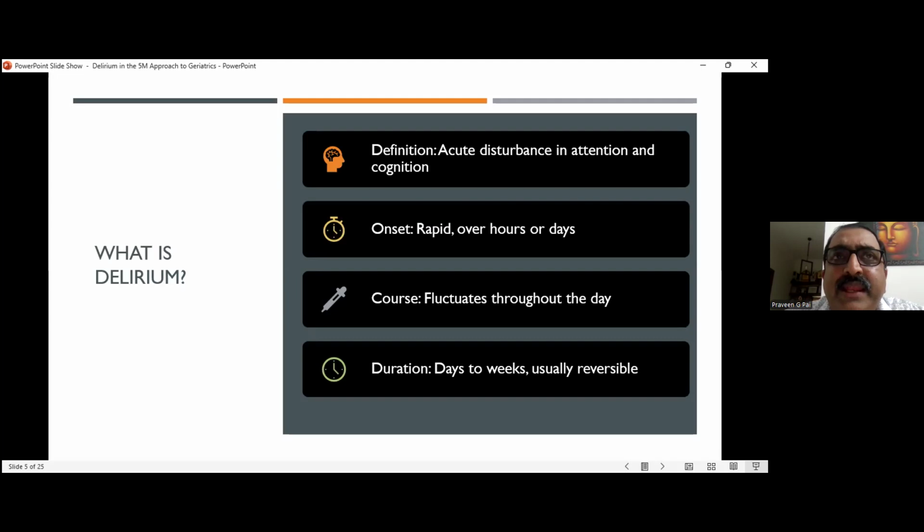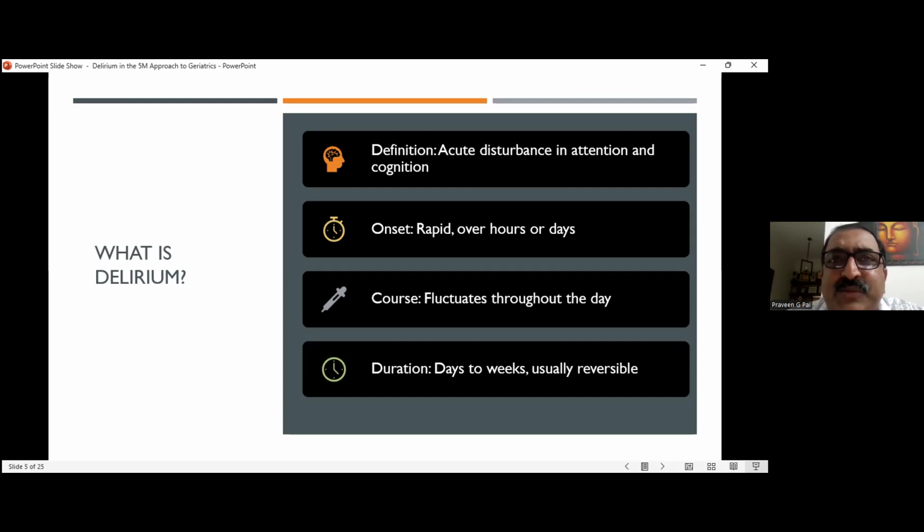But during the terminal stage of life, delirium usually follows naturally. So it naturally follows. And again, we need not be very worried in the sense that it has to be corrected with a lot of medication.